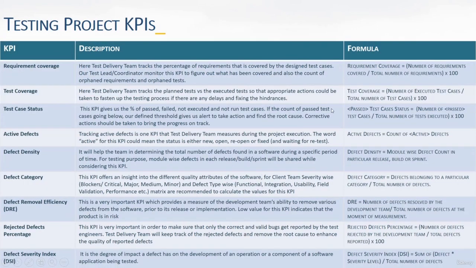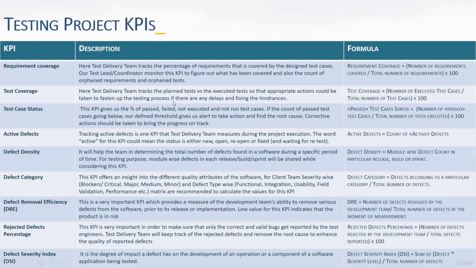And then you need to specify the testing project KPIs like requirement coverage. Here you specify the requirement coverage formula: the number of requirements covered divided by the total number of requirements multiplied by 100. So the percentage will let you know the requirement coverage.